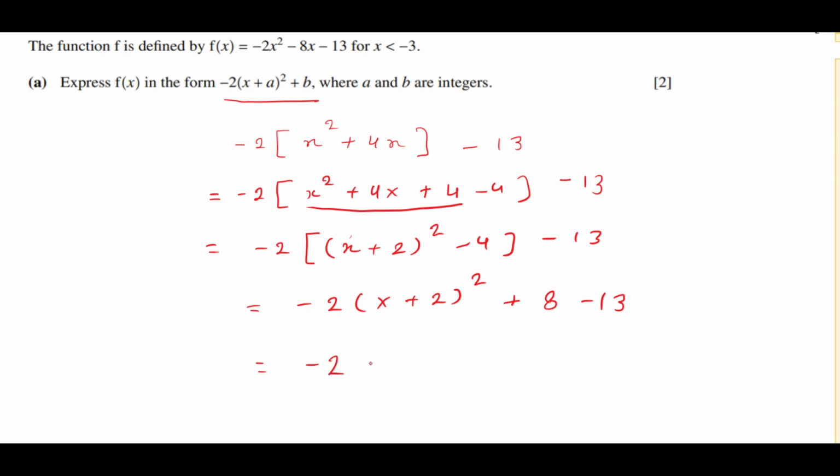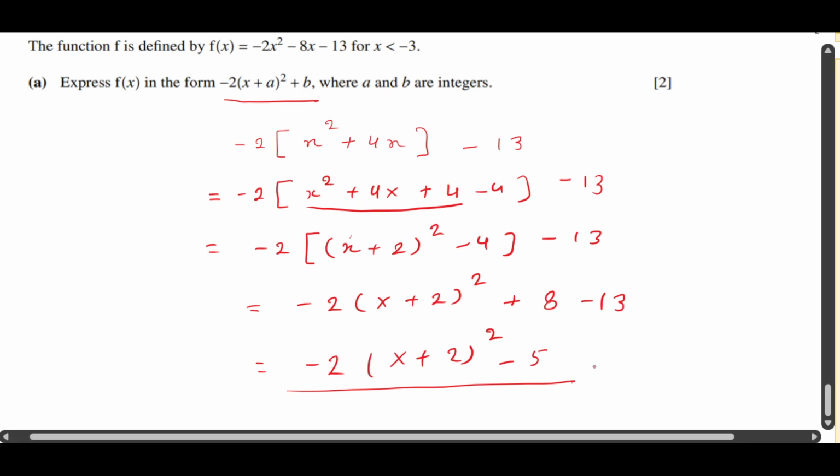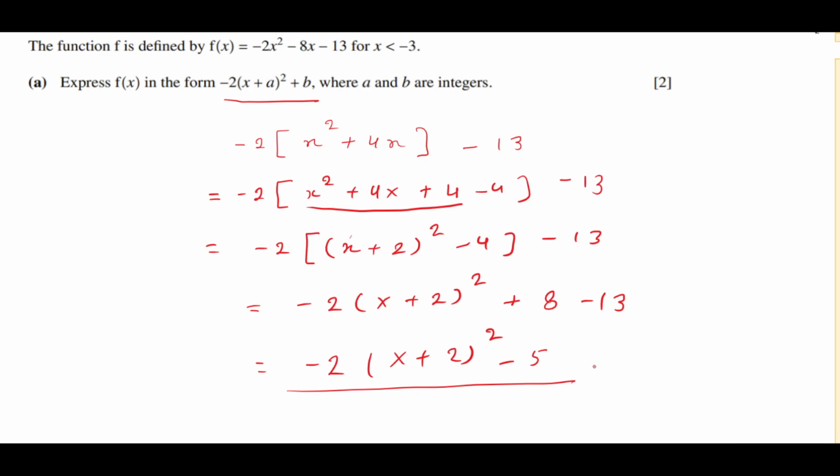So this is minus 2 (x plus 2) square, and plus 8 minus 13 is minus 5. So this is my expression. A is 2 and b is minus 5.